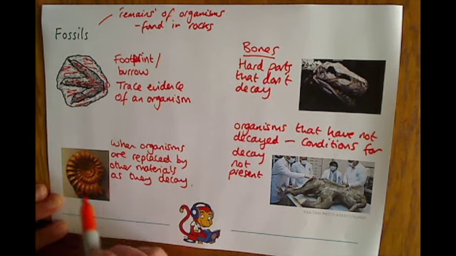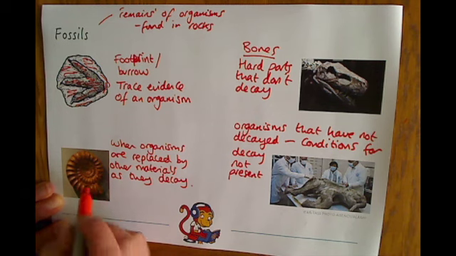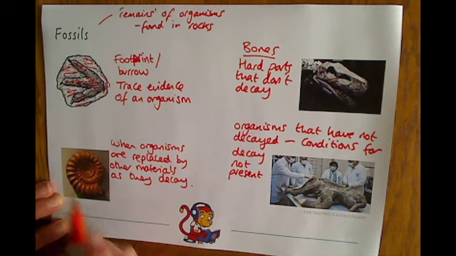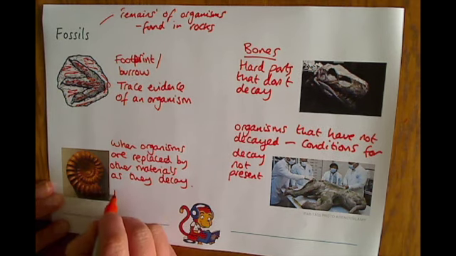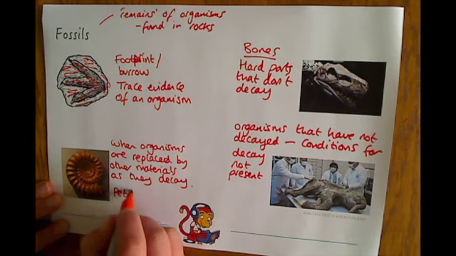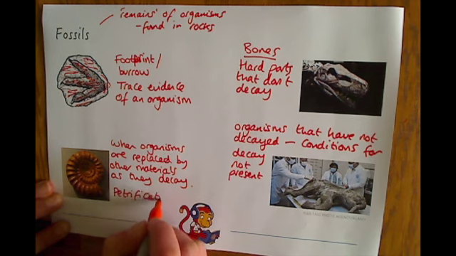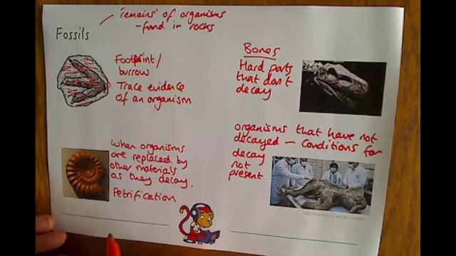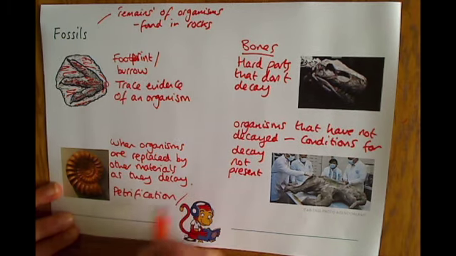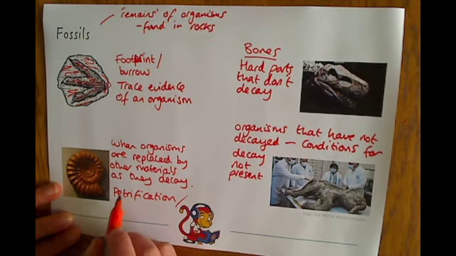animal were to have died, as this shell were to decay, this would get replaced by minerals and will turn into a rock. This process is called petrification, when it turns into a rock, or sometimes you might see the word permineralization.